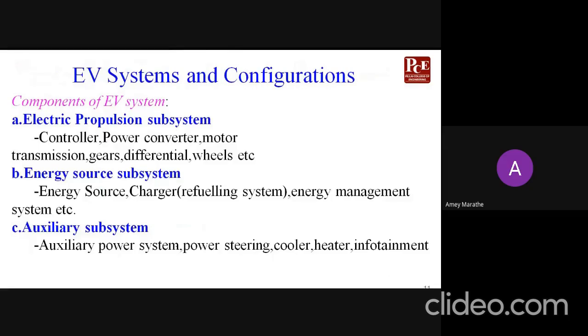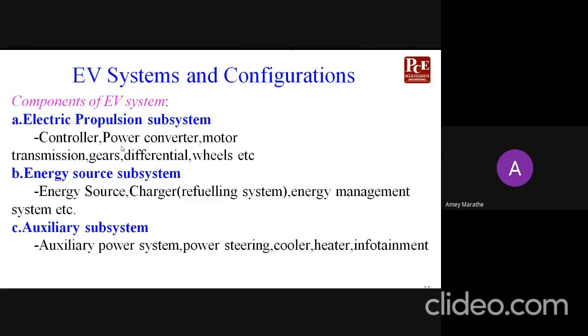So basically, if you see the EV system and its configuration, I can bifurcate that into three major subsystems. So the first thing I have is the electric propulsion subsystem.